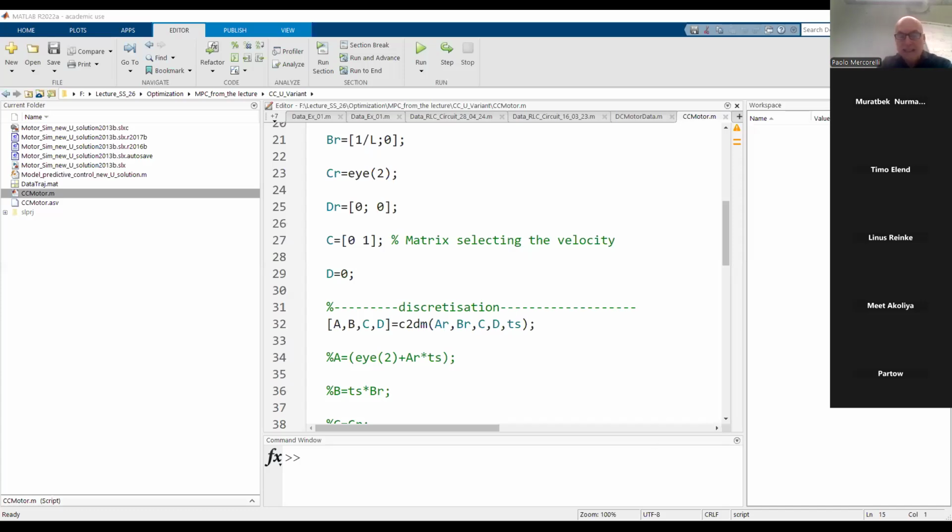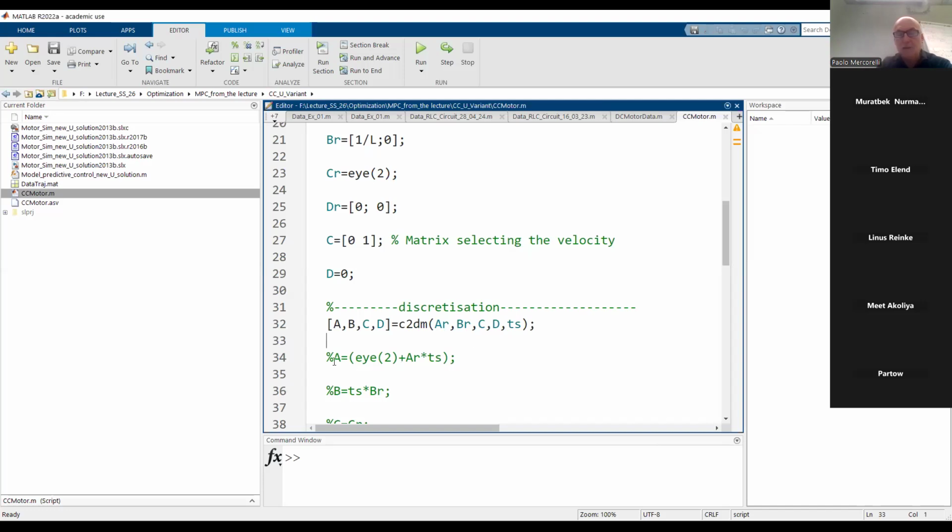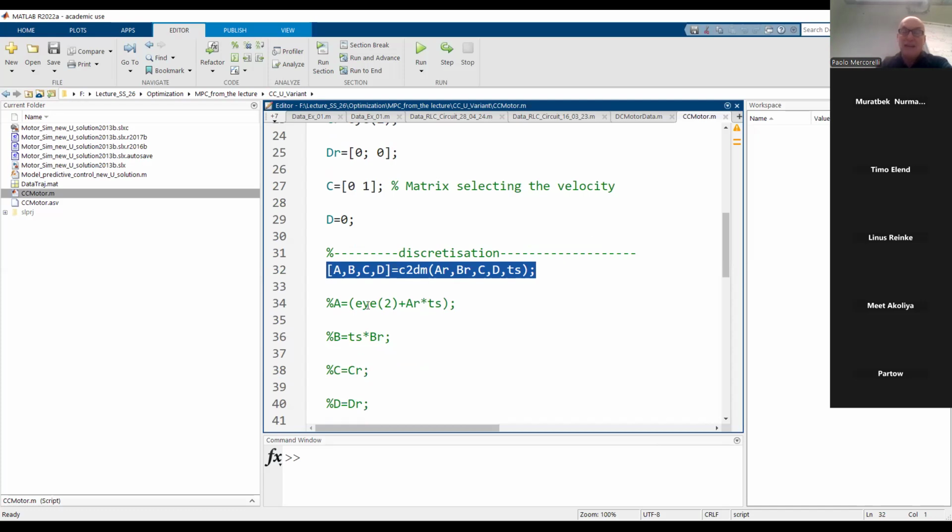Okay, we can realize this in different forms. I told you a little bit about the forward Euler discretization, but you can also use MATLAB directly. This is the exact discretization, not exactly forward. You can see that in different courses, I try to compare this from MATLAB. In MATLAB, you can select with an option also the forward Euler.